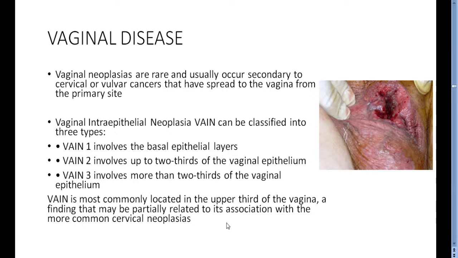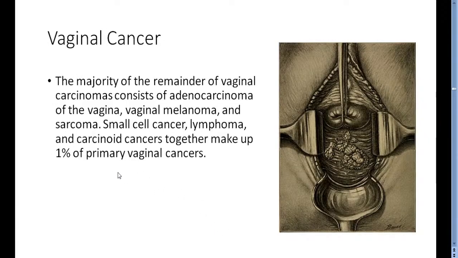So, as I mentioned before, usually these diseases are secondary to cervical cancer. It's shown on this picture, which is drawn by an artist: the most common sites of vaginal cancer are just beneath the cervix, the posterior fornix of the vagina.